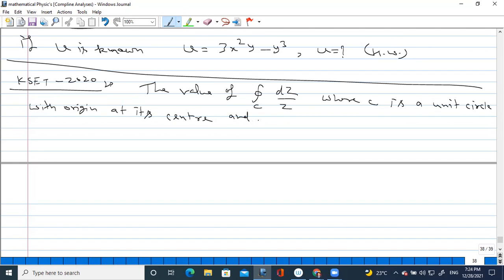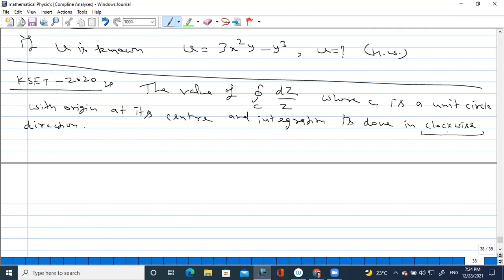And integration is done in clockwise direction. So this fact I will tell you: whenever the integration is done clockwise, you have to take a negative sign. If the integration is done anti-clockwise, you have to take a positive sign.